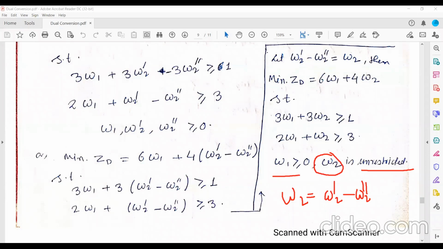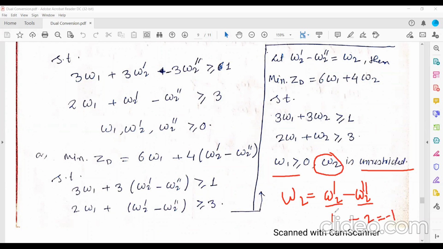Yes. Now see, since both W2 dash and W2 double dash are positive, if I take W2 dash equal to 1 and W2 double dash equal to 2, then 1 minus 2 is equal to what? Minus 1.